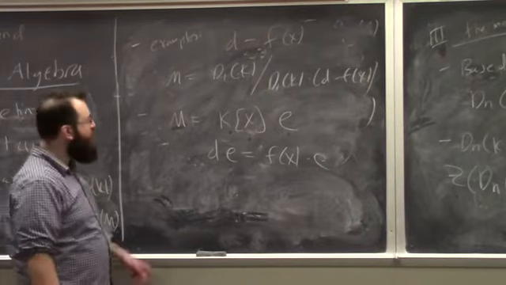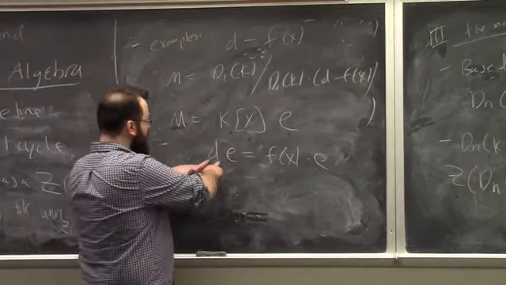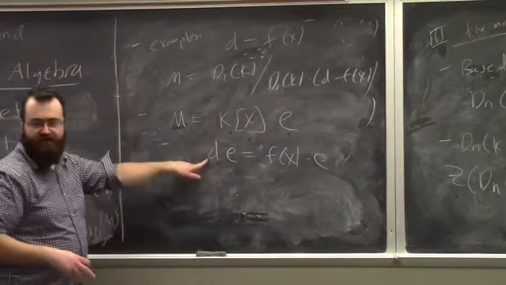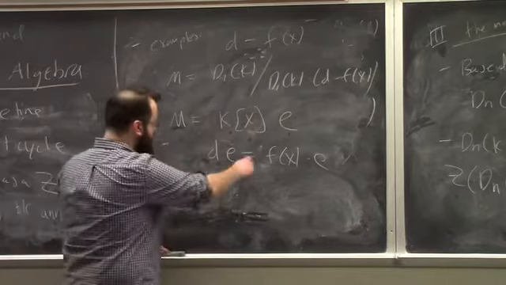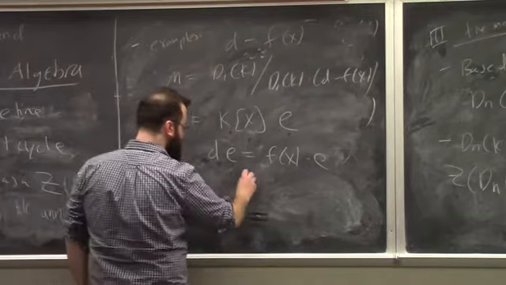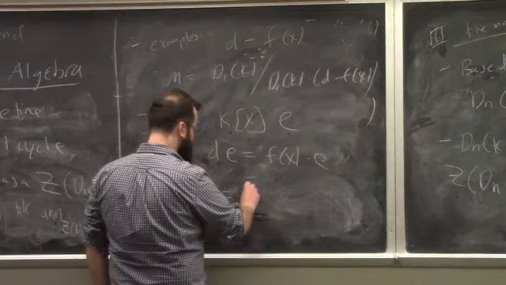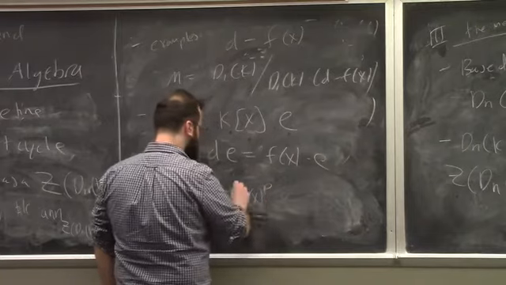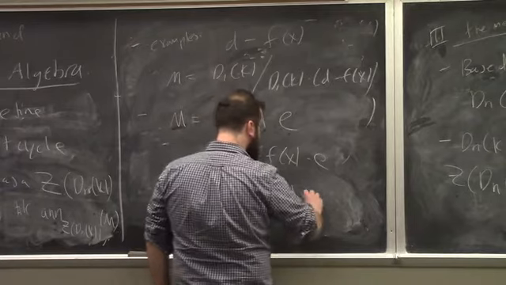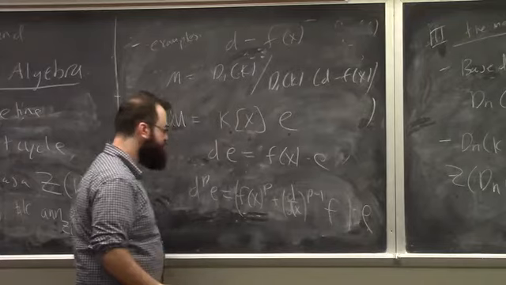What I want to think about is the action of x to the p and d to the p on this module. So I want to take d to the p acting on this thing. If I keep applying d, you can show that d to the p acting on e is f of x to the p plus d by dx acting p minus 1 times on f, times e.